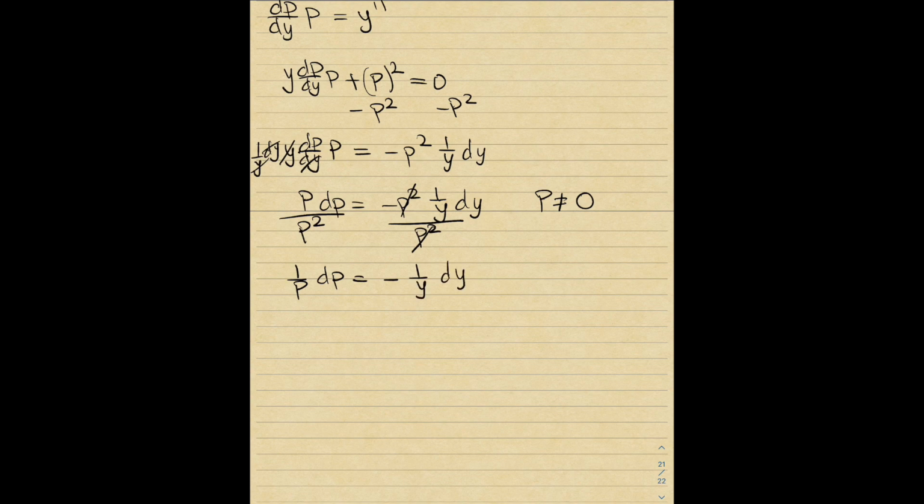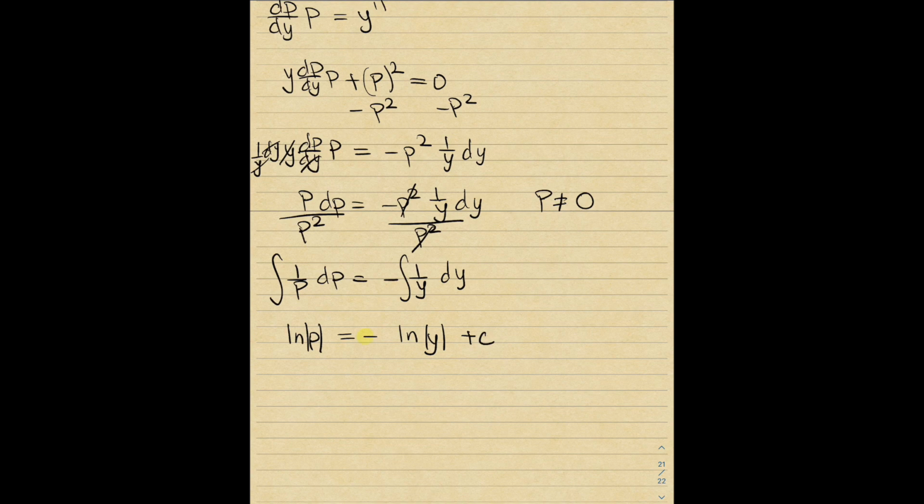So we can integrate both sides now, which is ln p is equal to negative ln y, absolute values of course, plus a constant.